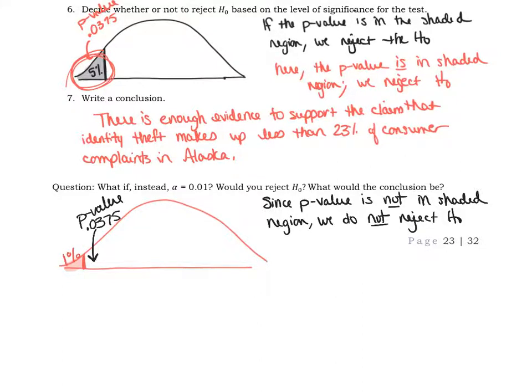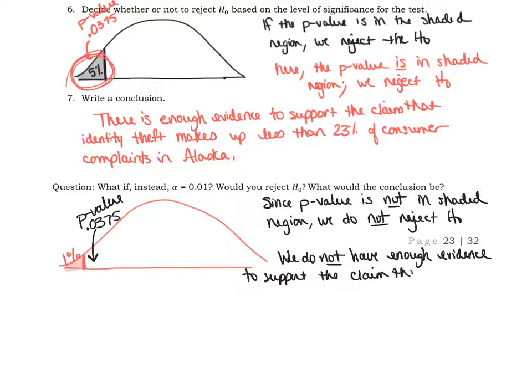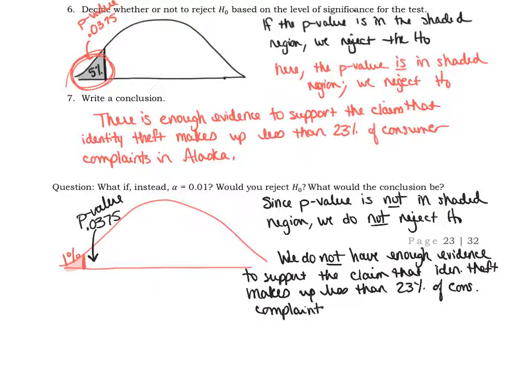Okay, so what would our conclusion be? It would be exactly the same as up above, except we would say we do not have enough evidence to support the claim that identity theft makes up less than 23% of consumer complaints in Alaska.